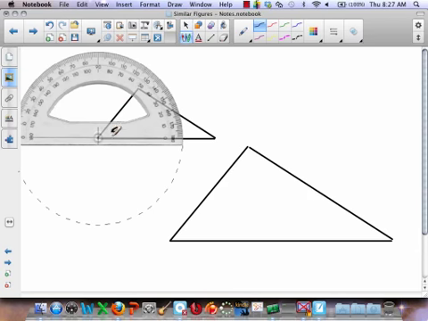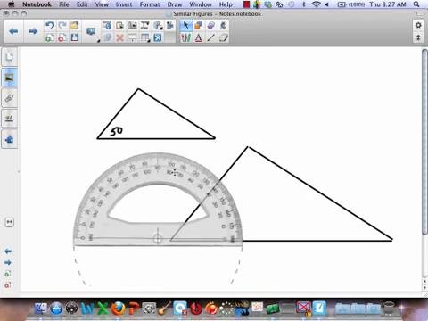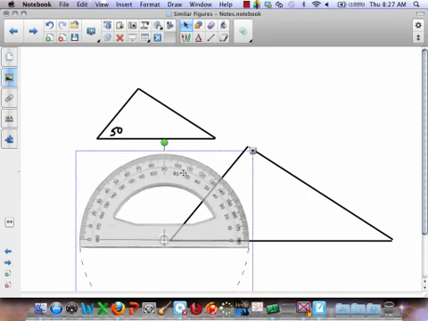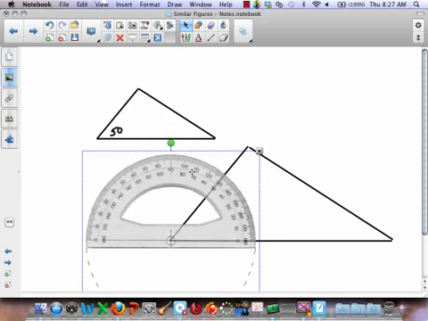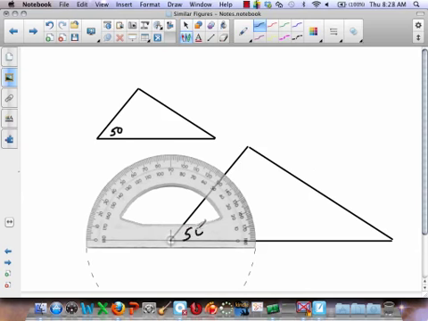Okay, so that's 50. Now if I take that same protractor and go down to this corresponding angle, what do we notice about the measure of that angle? There we go, yeah. So the big concept is that similar figures are similar because their angles are the same, right?